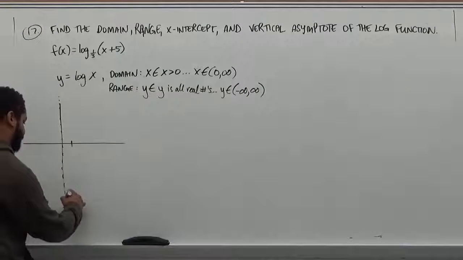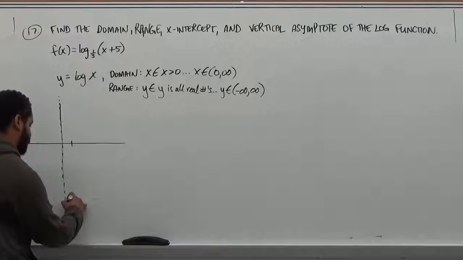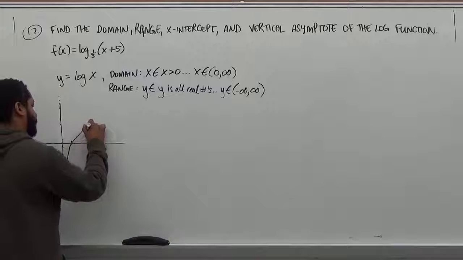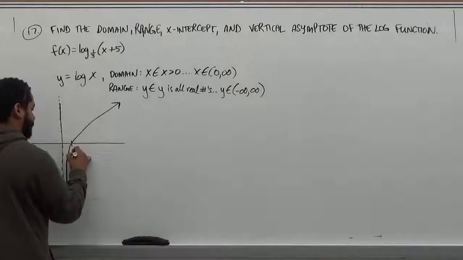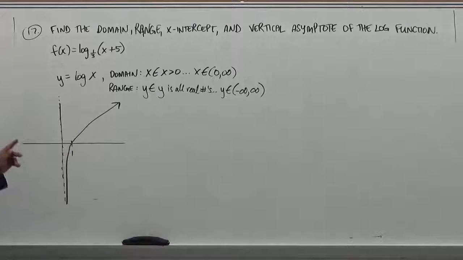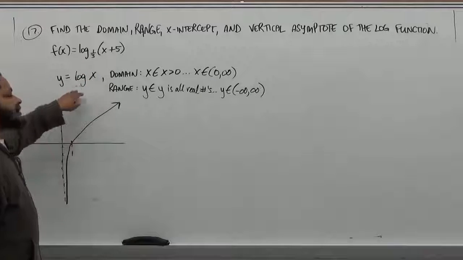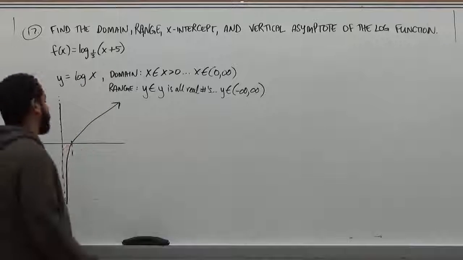And what happens in this function is from the vertical asymptote, this continues to go up, crosses at 0 here when x is 1, and goes up to infinity. Every time you get a value of 1 going into your logarithmic function, the log of 1 is always equivalent to 0.